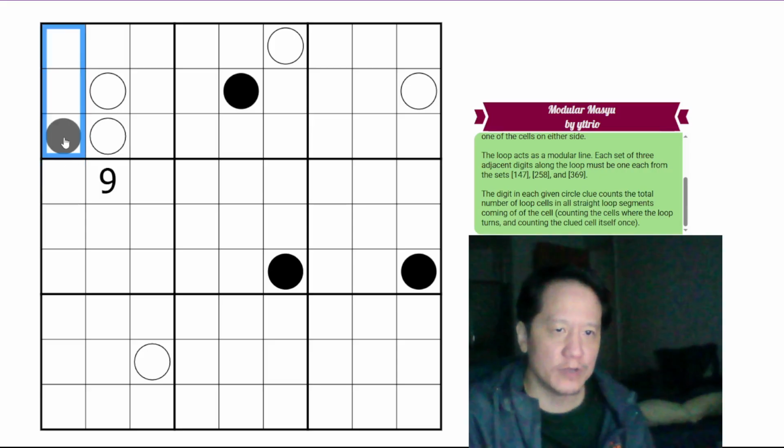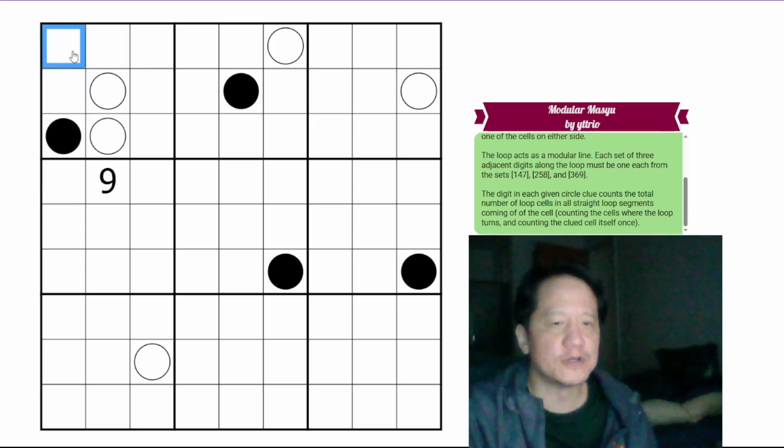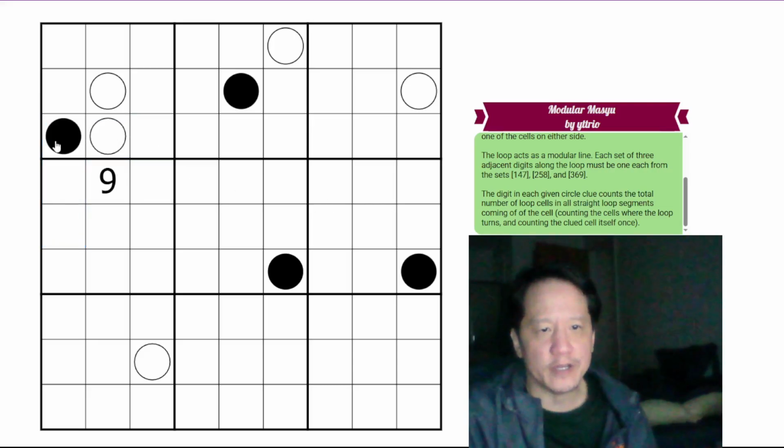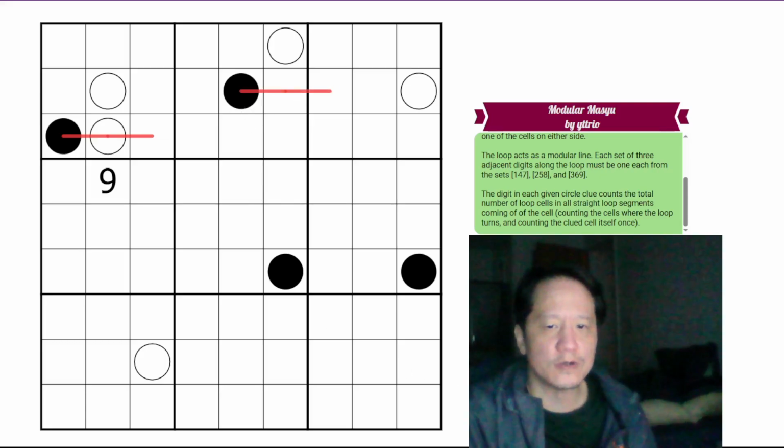This cannot go here and then turn. I'm sorry, this can go this way and then turn that way, or it goes this way and turns that way. So either way, it goes through here. Same with this. This can't go this way and turn. It has to go either this way and turn or this way and turn. So it goes that way. This is same thing. This goes straight through. It cannot go straight through that way.